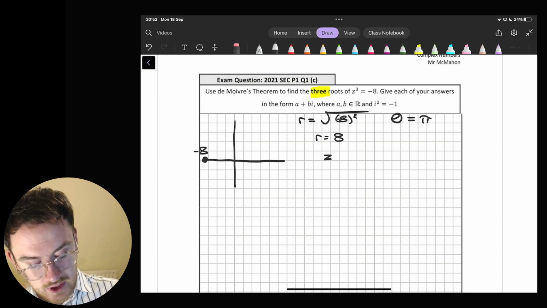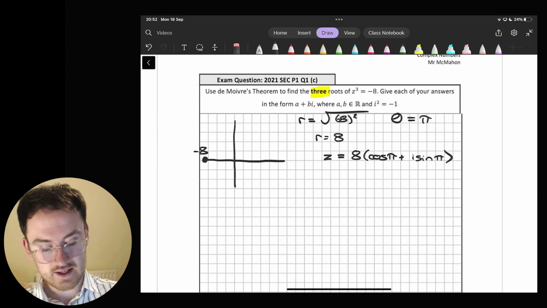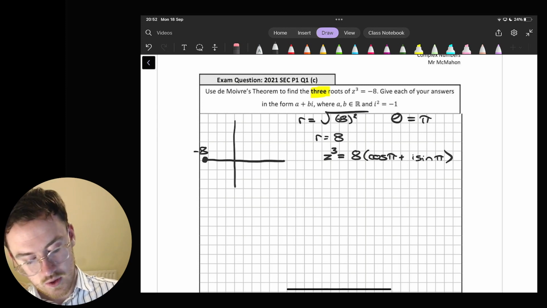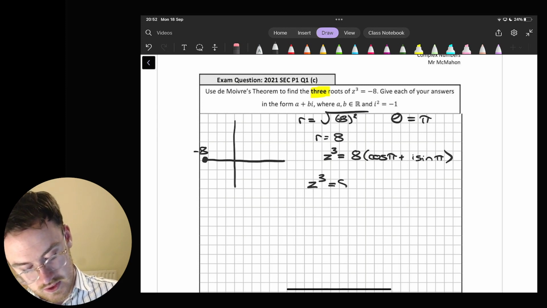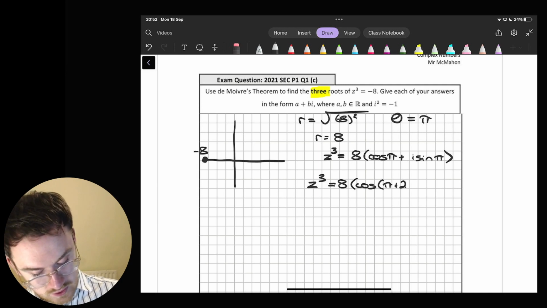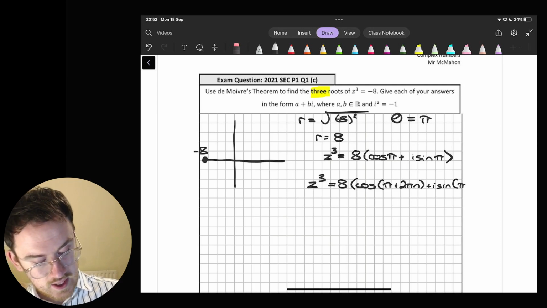I can lay out my complex number then being 8 cos pi plus i sine pi, and so that's z cubed, obviously. We can write it in general polar form, so it's 8 cos of pi plus 2 pi n plus i sine of pi plus 2 pi n.